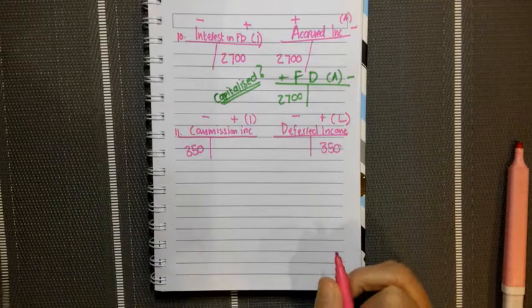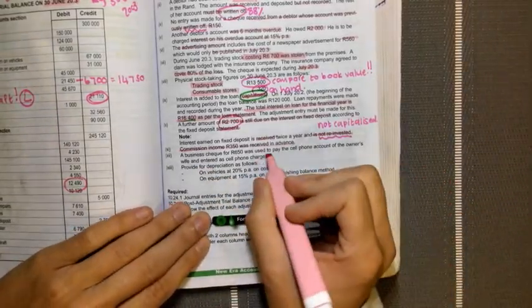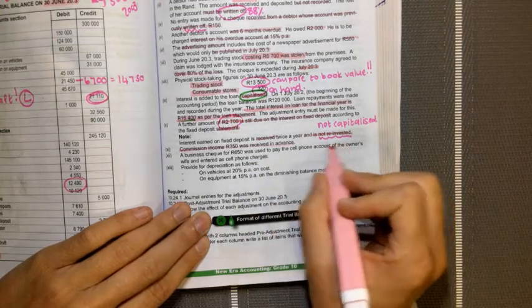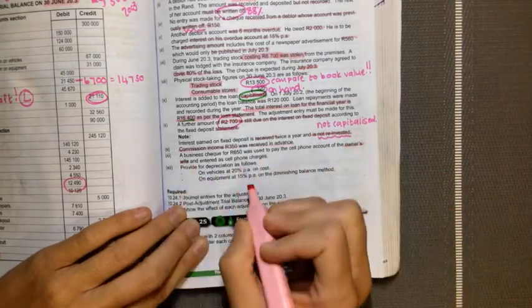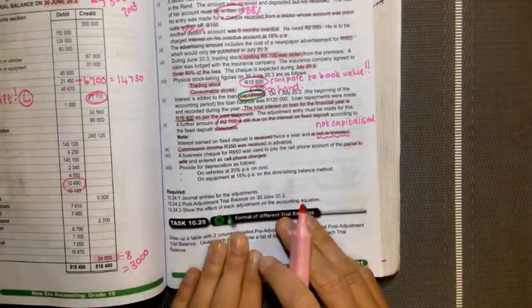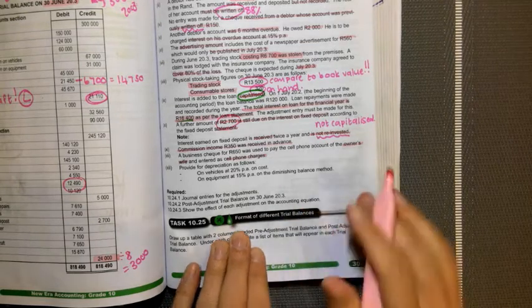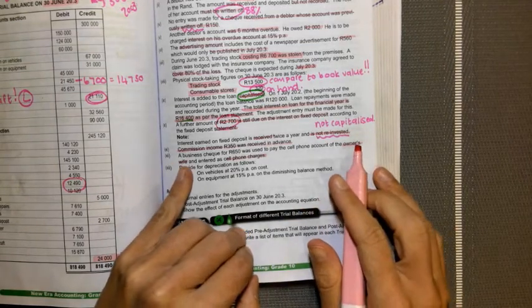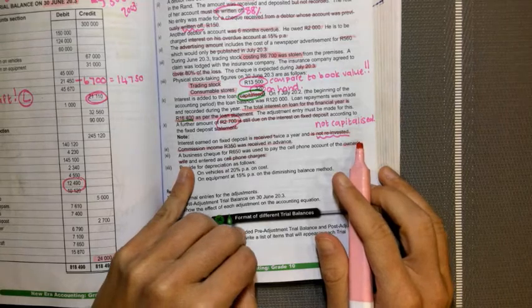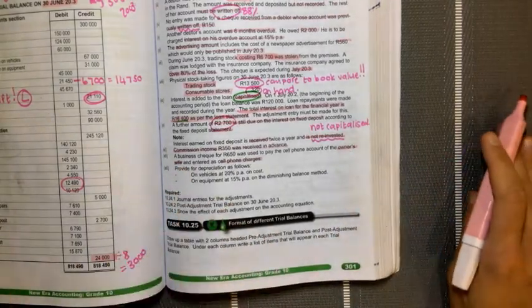Number 12 says a business check was used to pay the cell phone account of the owner's wife, and it was entered as cell phone charges. This is an error because if it's anything for the owner that we are paying with the business money, it is called drawings. Our accountant just added it to the wrong account.